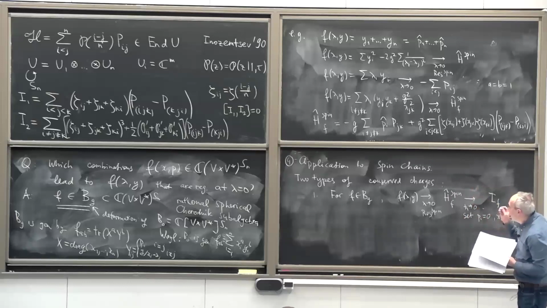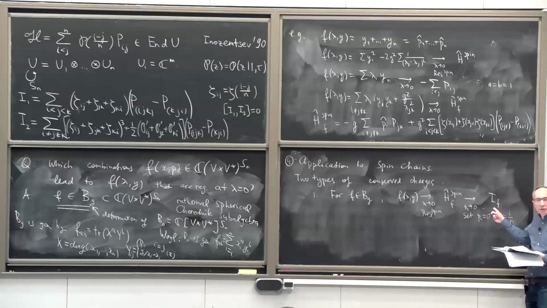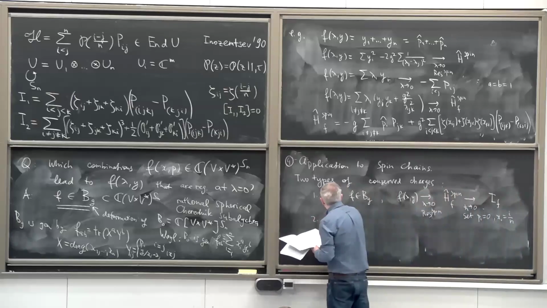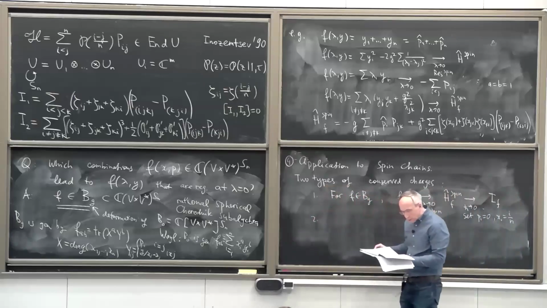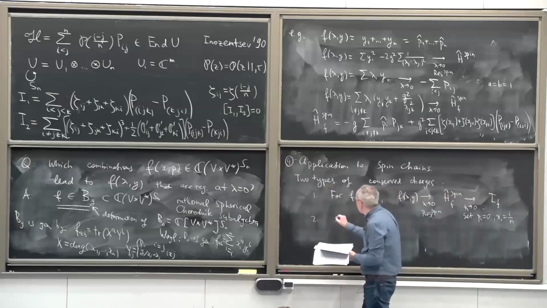Now, that's one set of charges. Their commutativity is just on the nose. It's obvious because they commute at the quantum level, so they commute at the classical level. The fact that the position is at equilibrium doesn't play a role here. But now, in addition to that, you have more subtle charges, what I call principal charges.